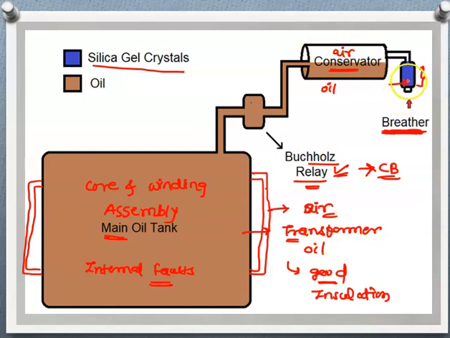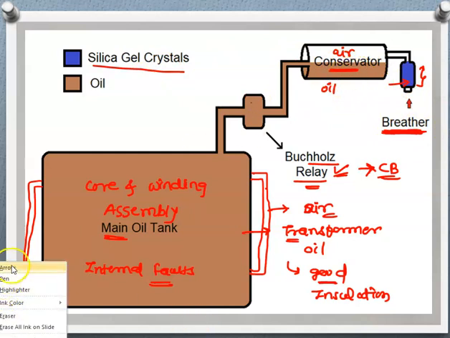So, to take away that moisture, these silica gels are used, which absorb the moisture, and the air passes through the silica gel crystals through this breather. Okay, this is the function of the breather.